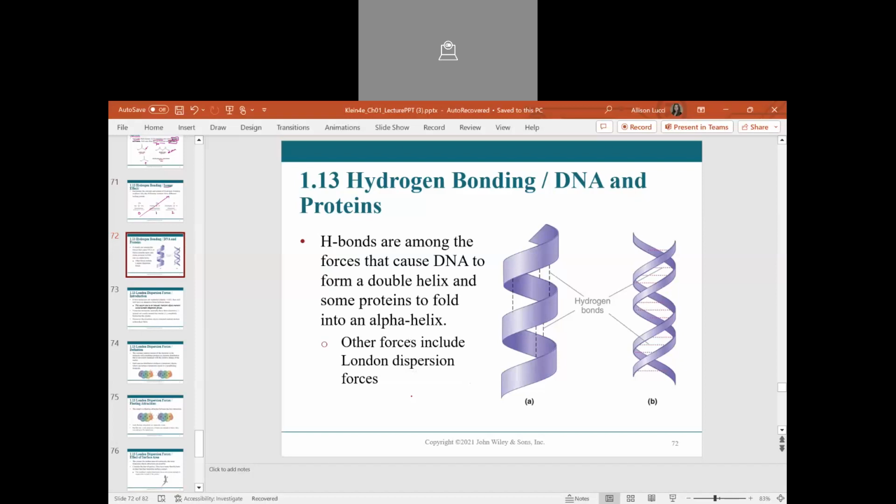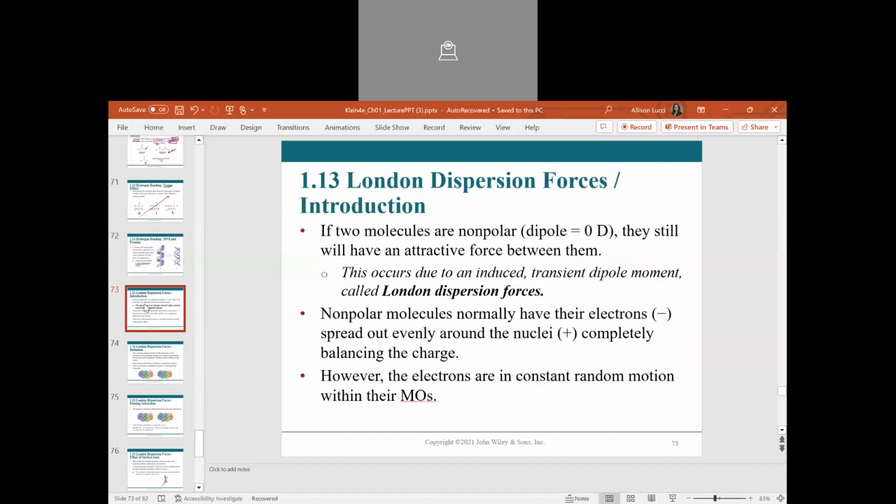And then we also have, of course, the weakest force, these London dispersion forces. So that brings us to cases where we have no dipole. Note in our bonds, molecules are nonpolar. They still have these attractive forces between them. And again, these London dispersion forces are the name given. They can have electrons spread out evenly, which causes this balance of charge.